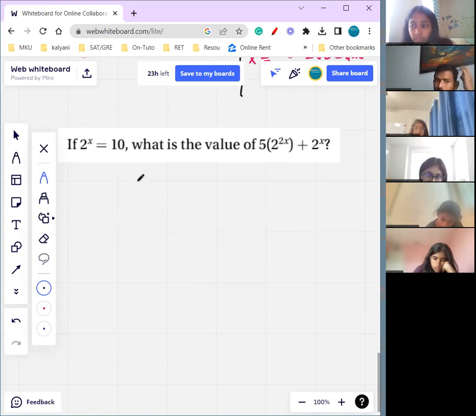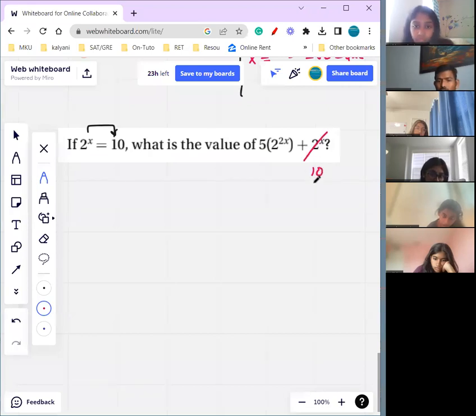But you have to be a little bit careful, and then it should not be a big problem at all. So since 2 to the x is given as 10, the value of 2 to the x is given to me. So that means I can replace this one with a 10. But the only problem is, what do I write if I have 2 to the 2x? It's not 2 to the x, it's different than 2 to the 2x.